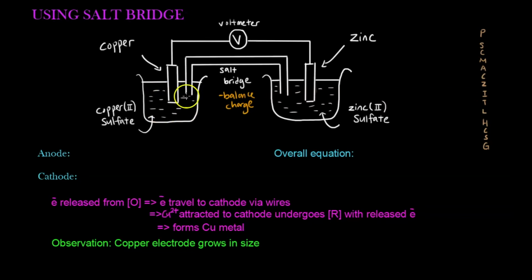That's one example. If here gets too negative, I can shift some positive charge over. Vice versa, both ways work. So this is the idea behind the salt bridge. It's really just to make sure that the charges are relatively similar on both sides. And that's all you have to know for the salt bridge. You don't have to delve too much into its technical details.